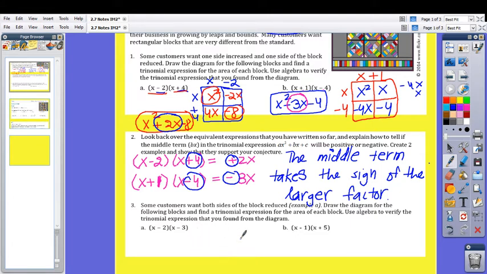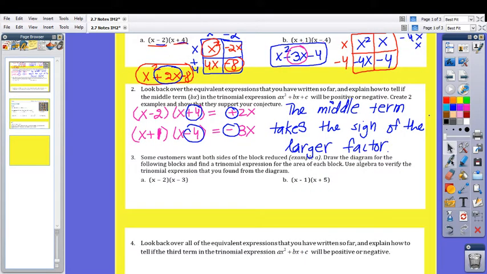So in this case, let's make the box and find out what the area will be, and verify that what we figured out here works.